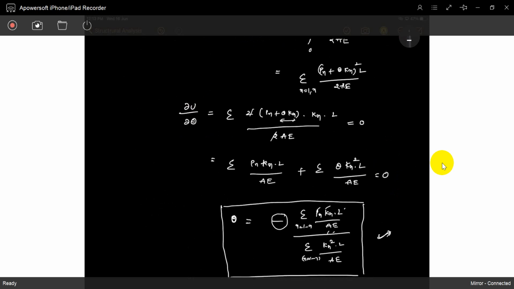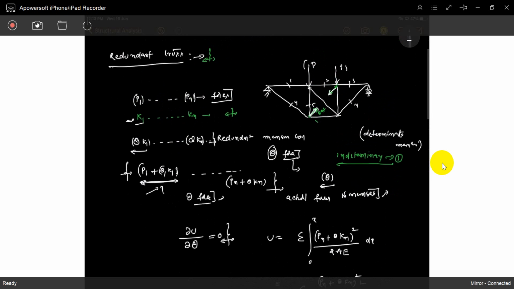For this problem we assume tension is positive, otherwise we can't use this negative sign. If you take the compressive direction in the formula, you can take anything here. No need to follow textbooks. Just use your brain and your analytical power.